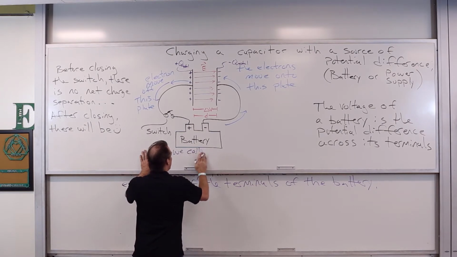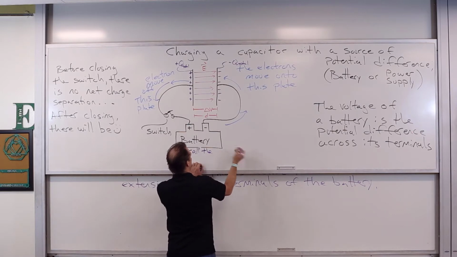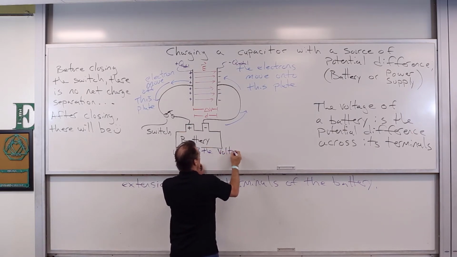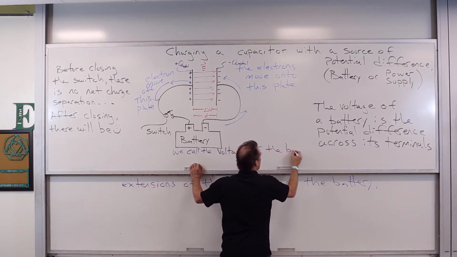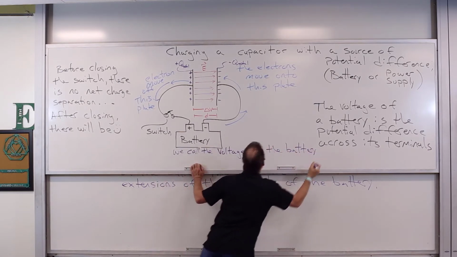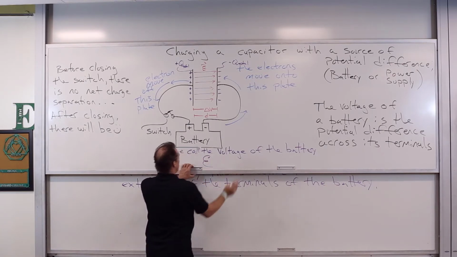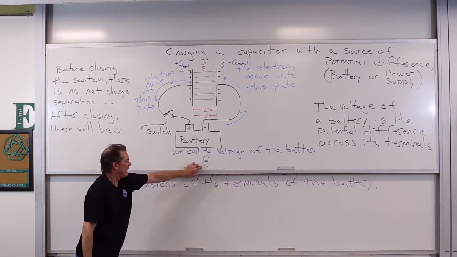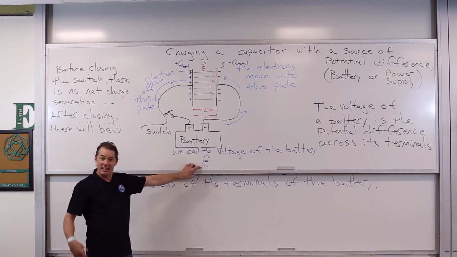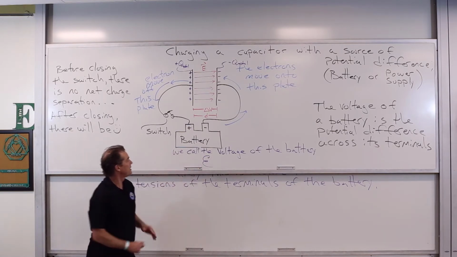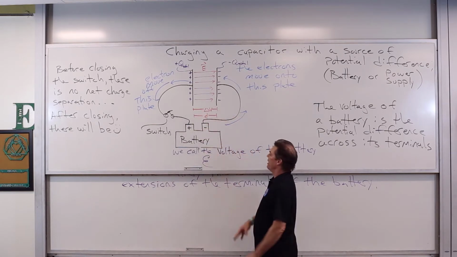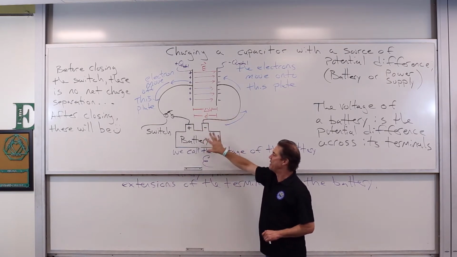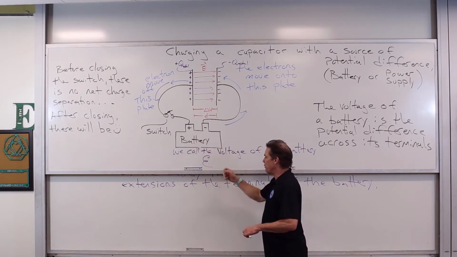We call the potential difference of the voltage this scripted E, and it stands for EMF. It is some number of volts, but we utilize this so we don't start getting it confused with the potential difference across the capacitor. So typically we don't use delta V for batteries, we use this E.